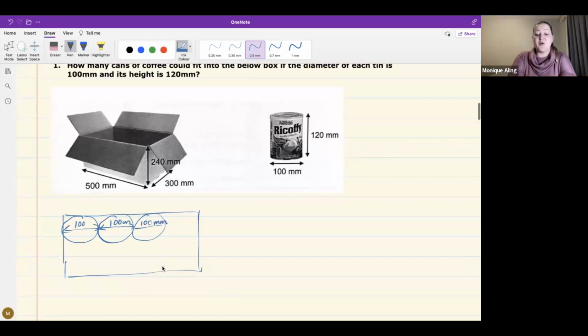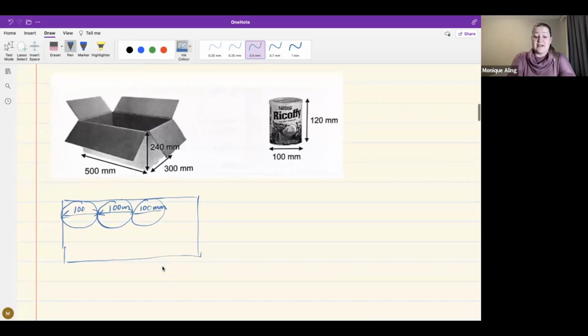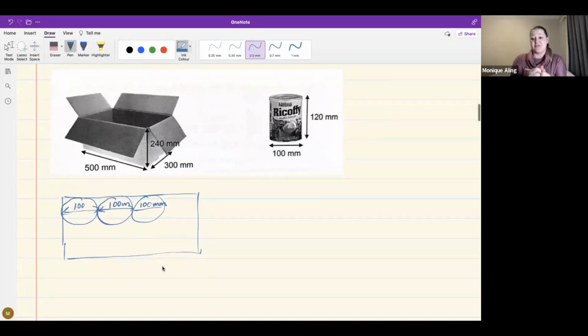Okay, so now to work out how you would calculate how many cans can fit into this box, you're going to do it dimension by dimension. So you're first going to work out how many cans will fit along the length of the box. Then you calculate how many fit along the width of the box. And then we could also add the height.